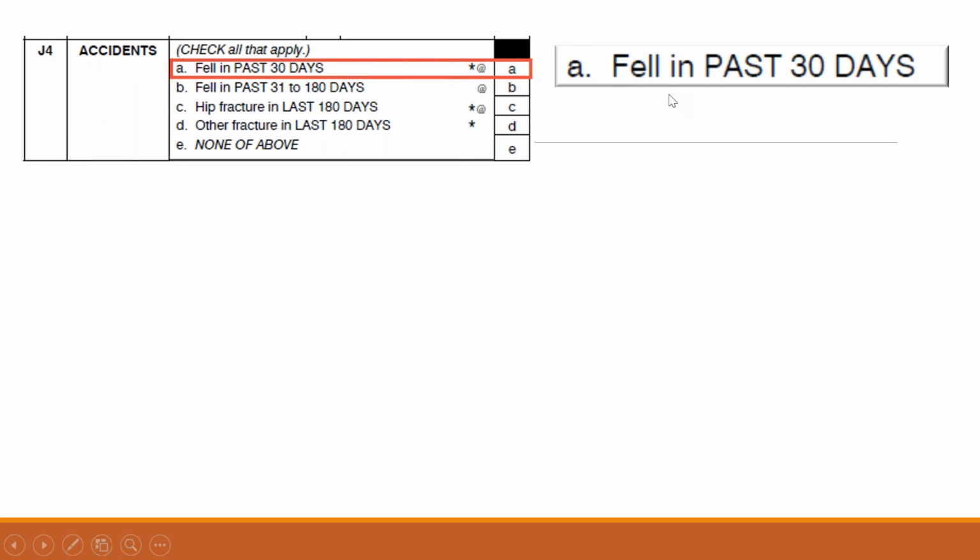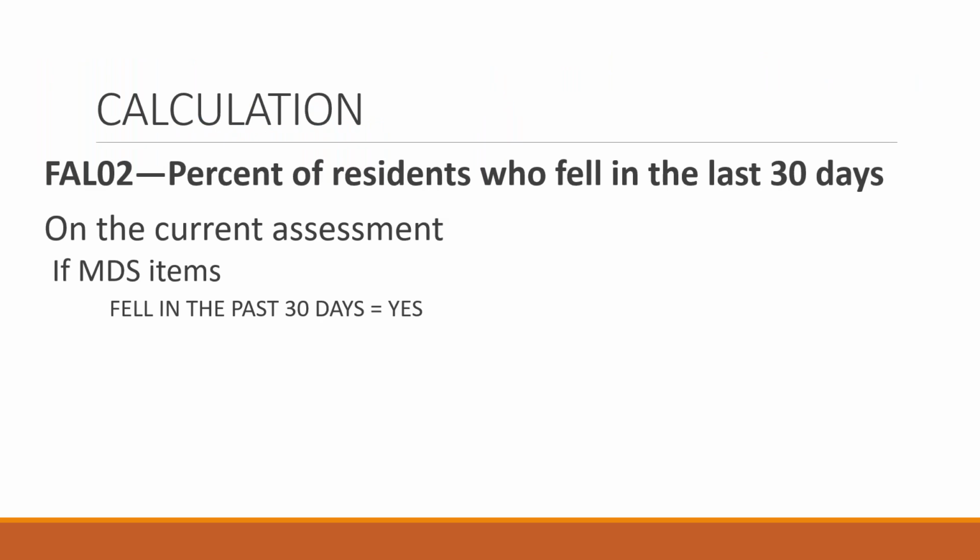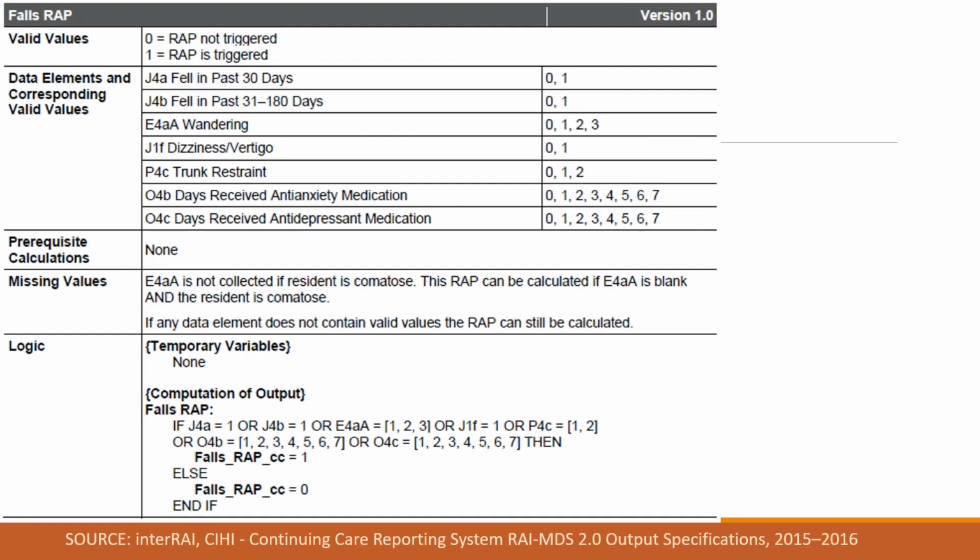So it's just simply if you answered yes to that question, then you're going to trigger this particular quality indicator on your health quality reports and on your CIHI and ministry reports. We then have the calculation, which I've already stated. On the current assessment, if the MDS item fell in the past 30 days equals yes, then it's triggered. So very, very simple.